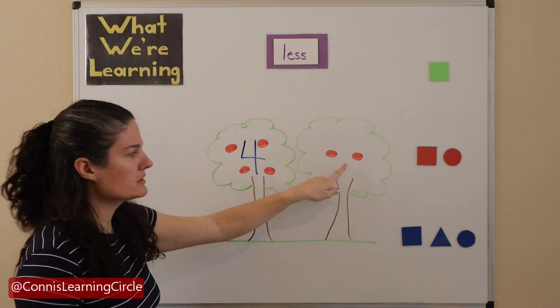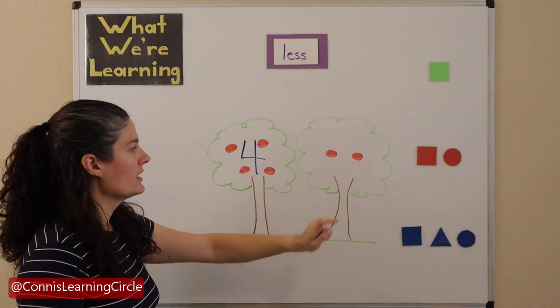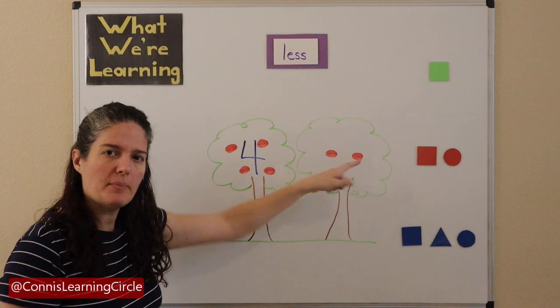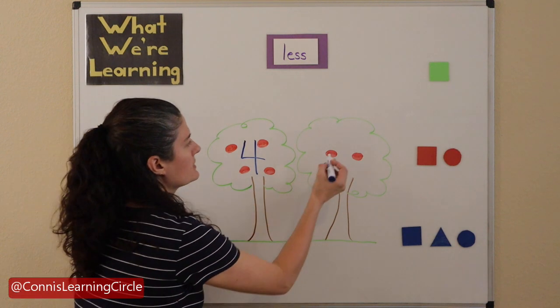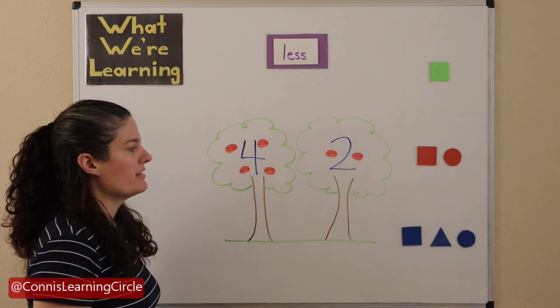Now let's count our second tree and see how many apples are on this tree. Here we go. 1, 2. How many apples are on our second tree? 2. Very good. So we're going to draw or write our number 2 right there.